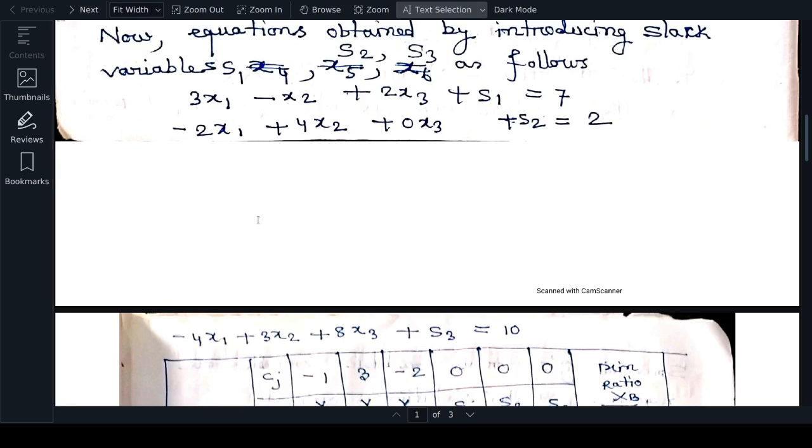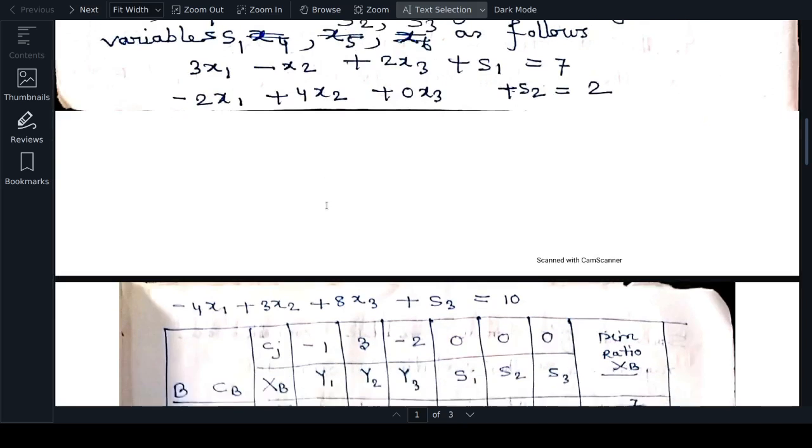So here you see x1, x2, x3, then s1, s2, s3. So six variables are present. Means in the given problem, three variables, then we add another three slack variables. So 3 plus 3, 6 variables.